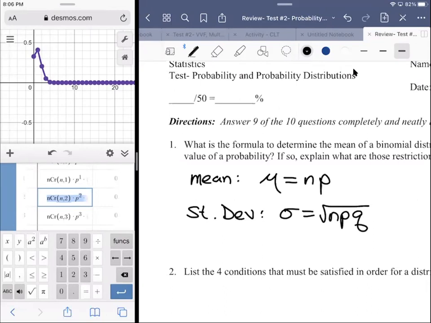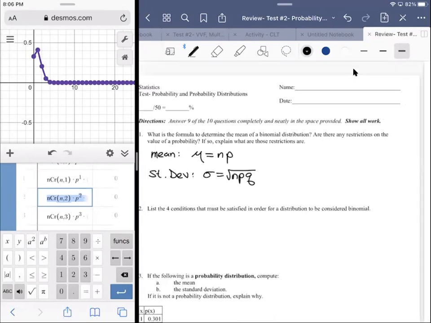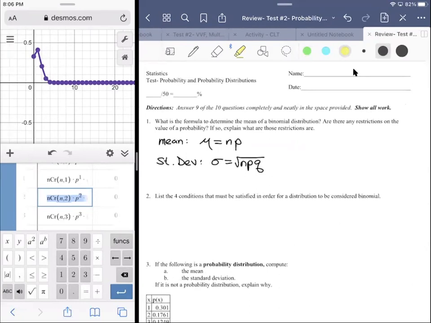But, in case you're wondering, this version of the test did ask if there are any restrictions on the value of a probability. Well, that is a restriction, meaning is it limited to certain values? A probability, P of X, has to be between 0 and 1. So 0 is impossible, and 1 is certain.